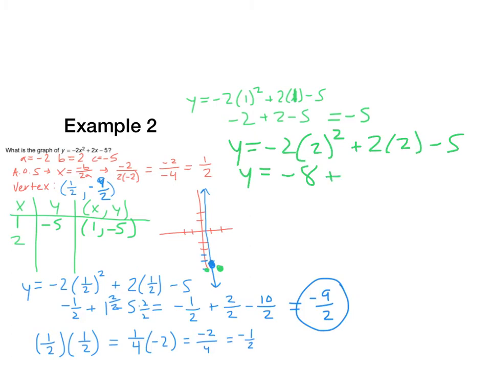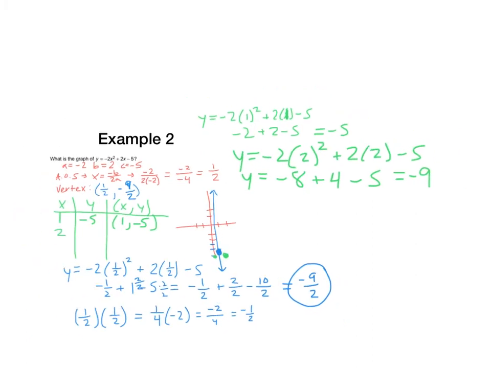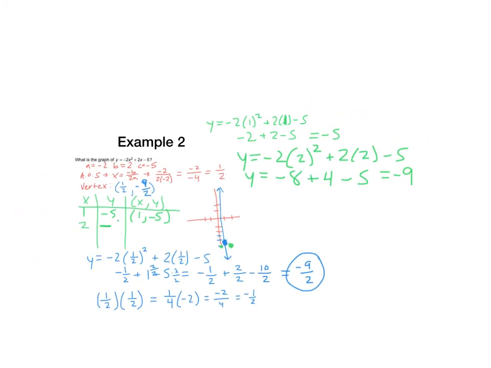What's 2 times 2? So plus 4, and then minus 5. So we have -8 plus 4, -4. What's -4 minus 5? -9. So when we plug in 2 for x, we get -9 for y. So our next point is going to be 2, -9.